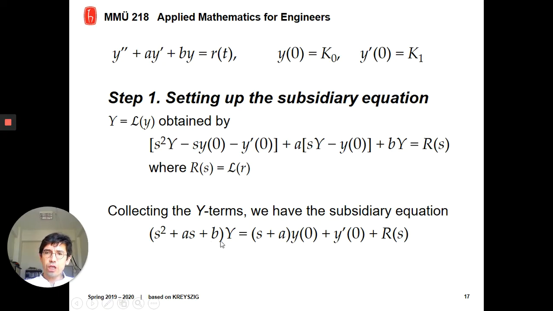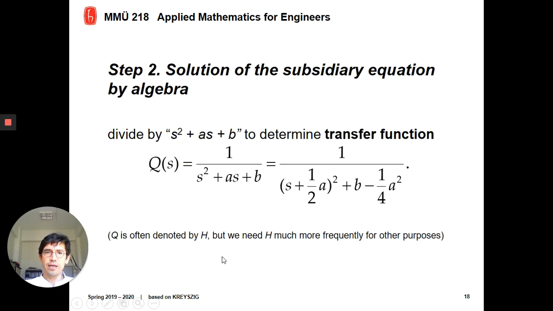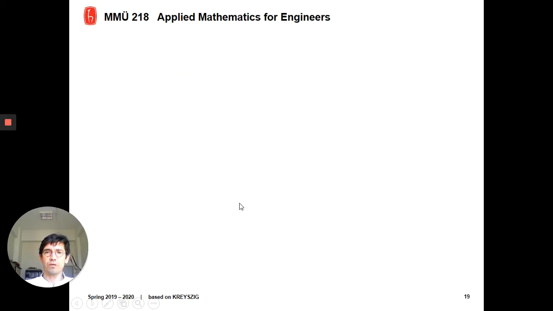So I'm going to call 1 over the coefficient of Laplace y the transfer function. This you will use later in your control classes and some other courses. This transfer function is 1 over the coefficient of Laplace y in your expression.